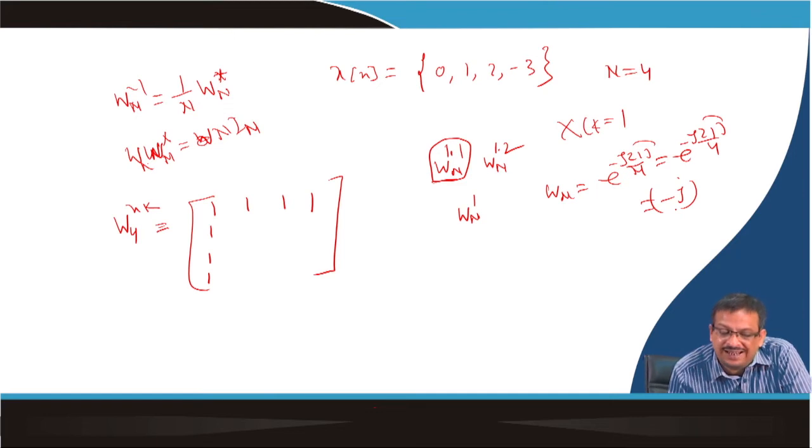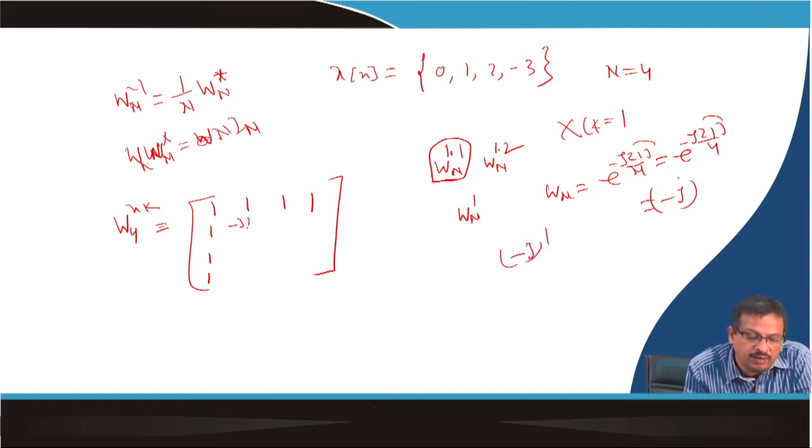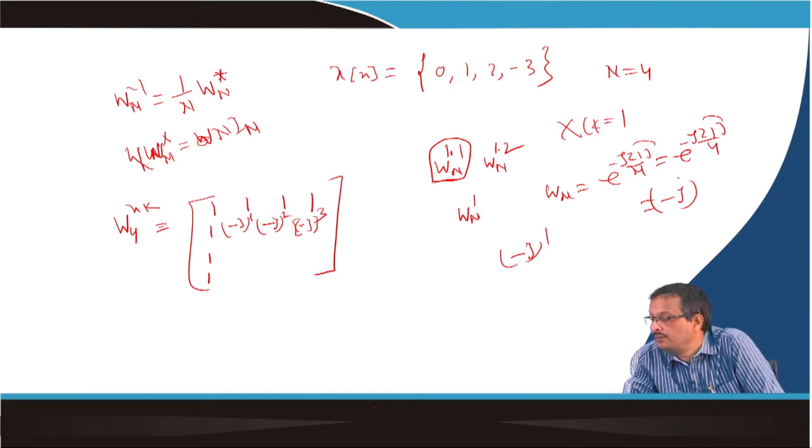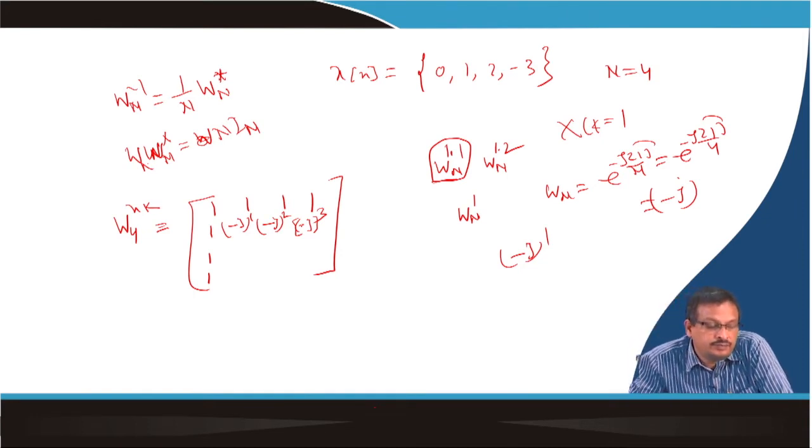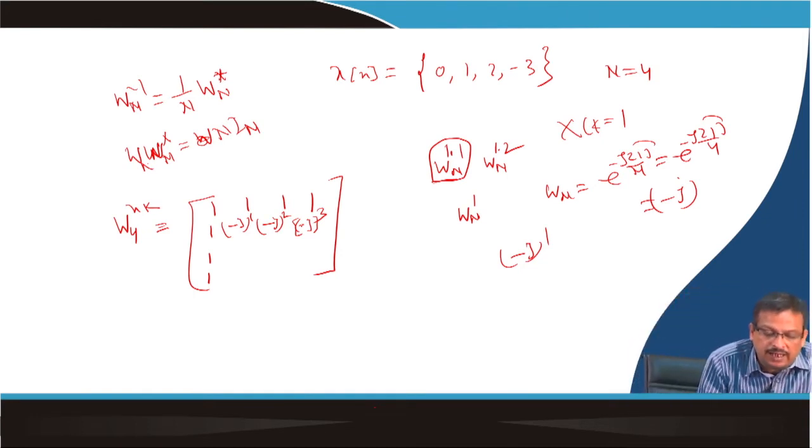Here it will be minus j to the power 1, minus j to the power 1 into 2, and minus j to the power 1 into 3. Simplifying, minus j whole square is minus 1, so this will be replaced by minus 1 and this will be replaced by j.